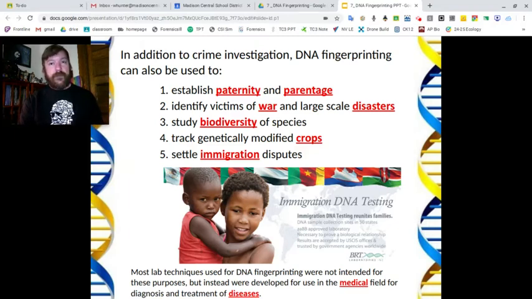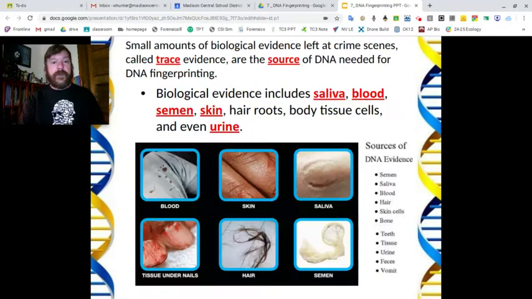This was not initially intended for these purposes. They were intended for treatment of disease by the medical field, but quickly learned that they were powerful in other instances as well, and so now they're used in all these different cases. Small amounts is all you need.